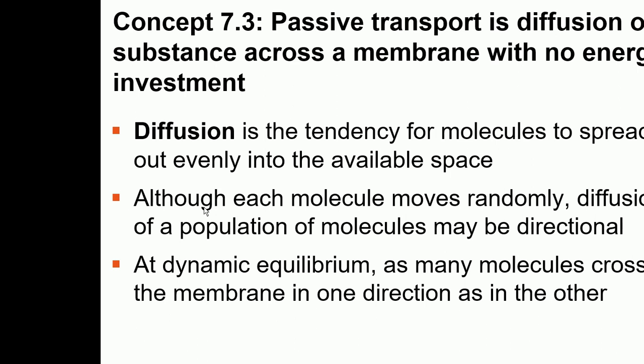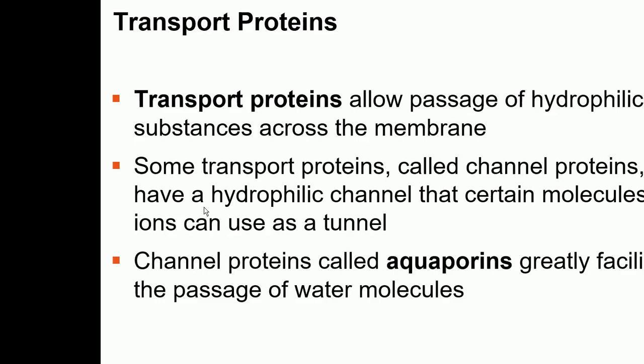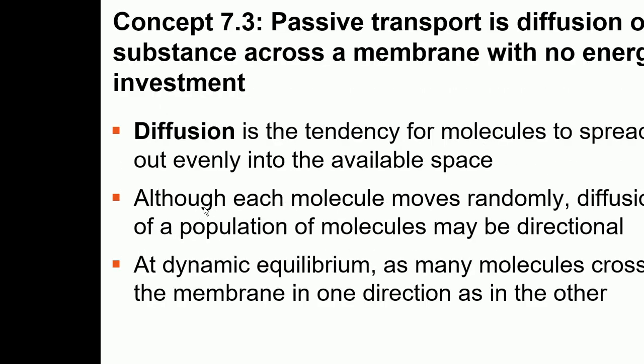Okay, before we talk about these transport proteins, we are going to talk about the specific transport mechanisms which take place across the membrane. So first is diffusion. Diffusion is a process in which molecules move from high concentration to lower concentration.